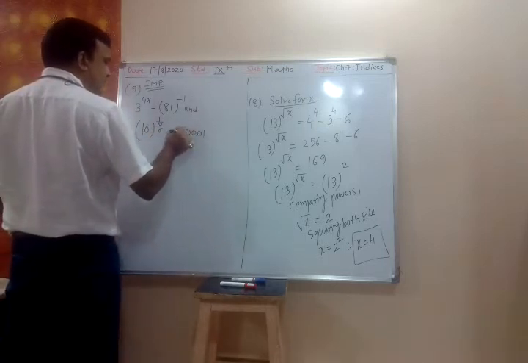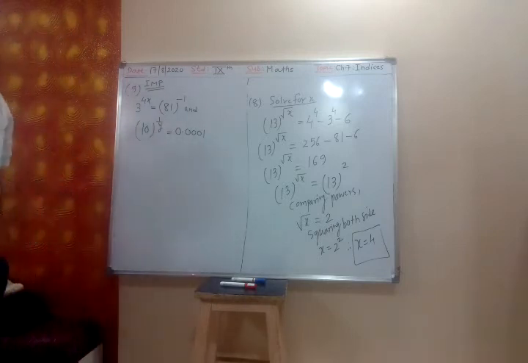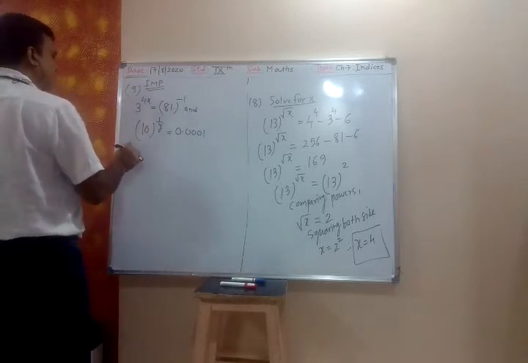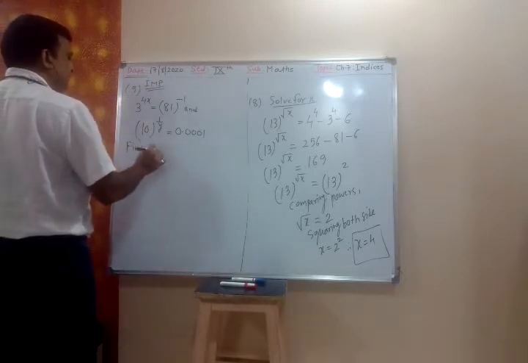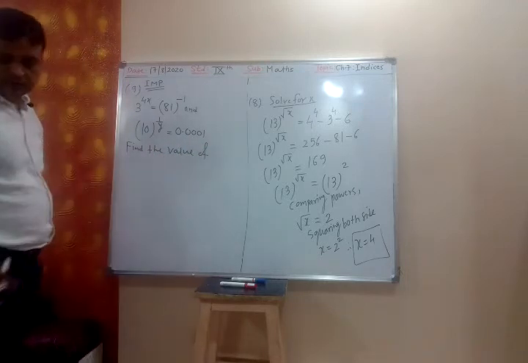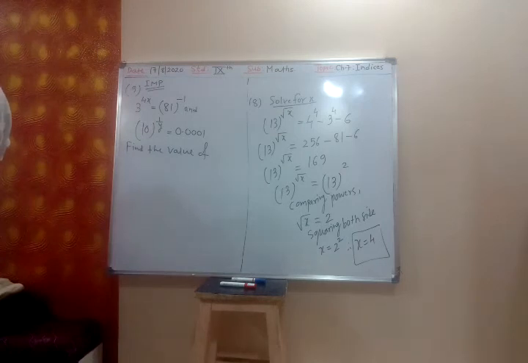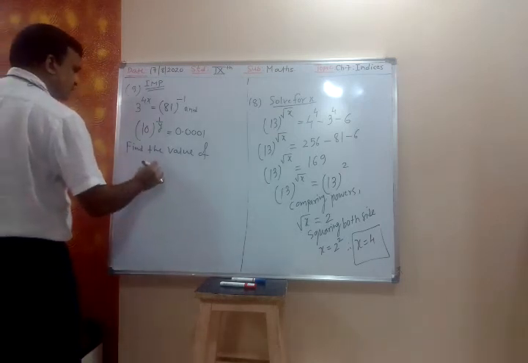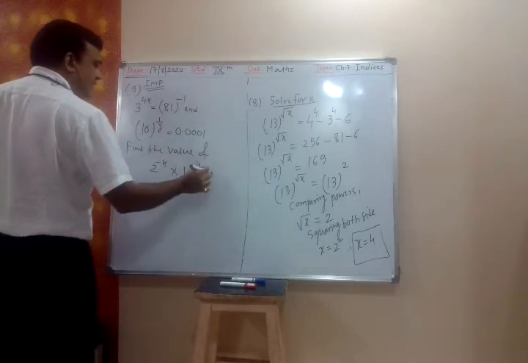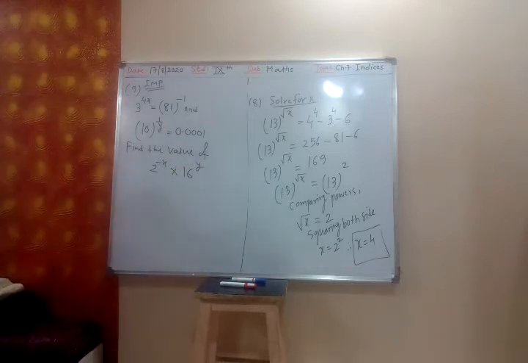After the decimal there are 3 zeros, then 1. Find the value of 2 raised to minus x into 16 raised to y.